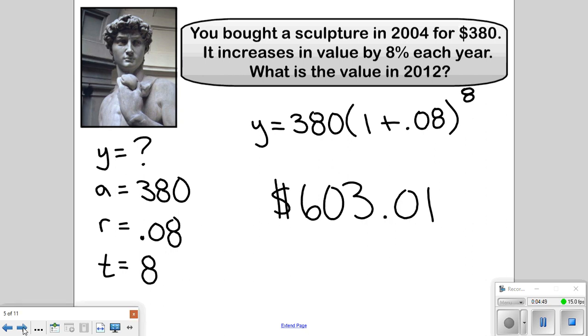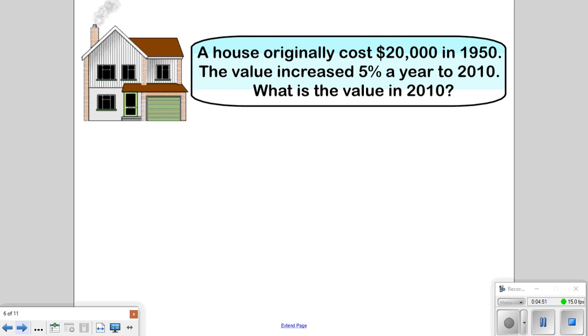Next up, a house originally cost $20,000 in 1950. The value increased 5% a year all the way to 2010. What is the value in 2010? So once again, I am going to say YART.